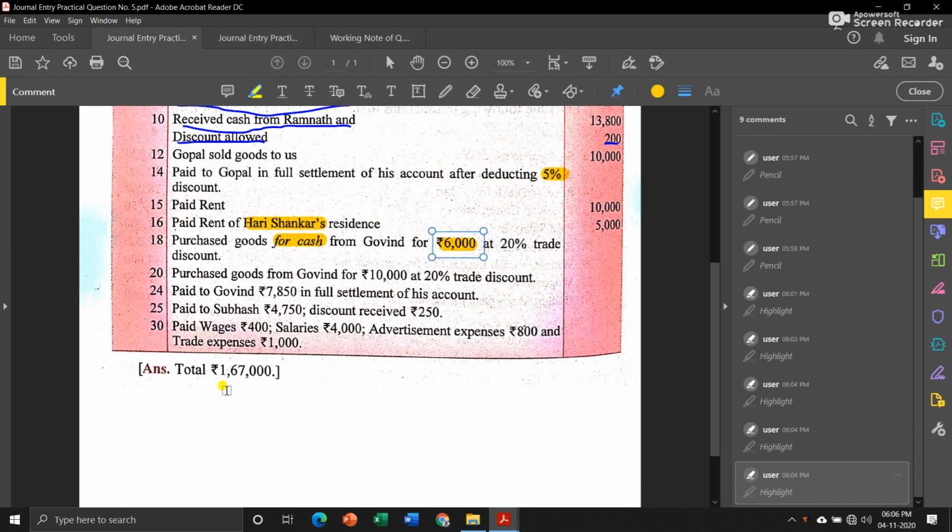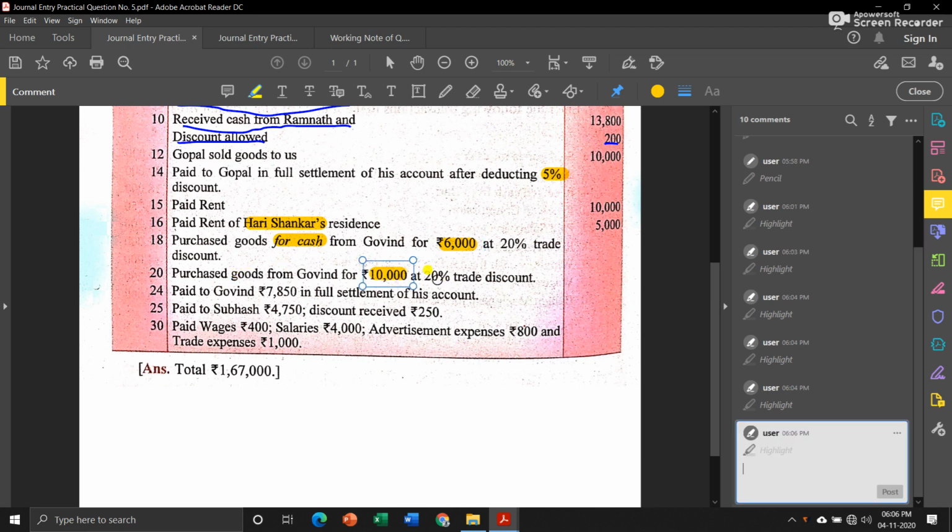Then next transaction is purchase goods from Govind for 10,000 at 20% trade discount. Now in this transaction they haven't mentioned whether it is for cash or credit, so we will treat it as a credit transaction. So the purchases was for rupees 10,000, but there was trade discount of 20% as well.